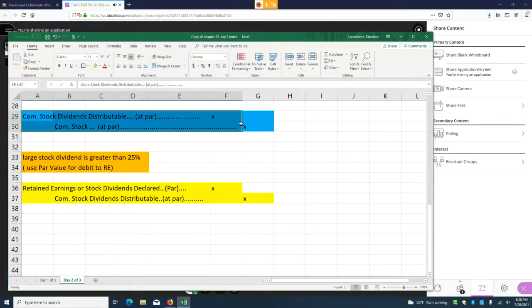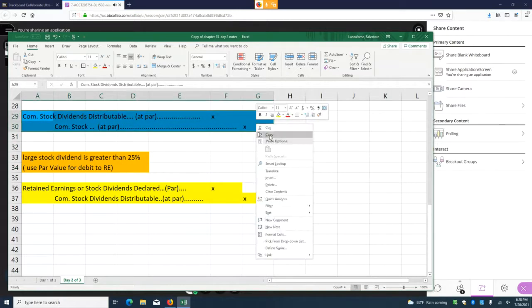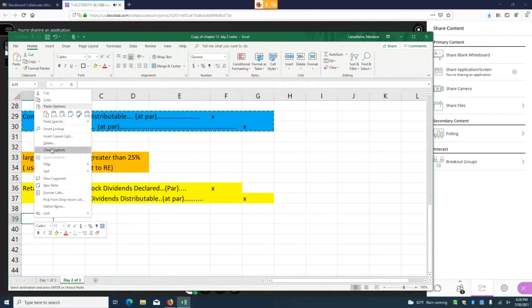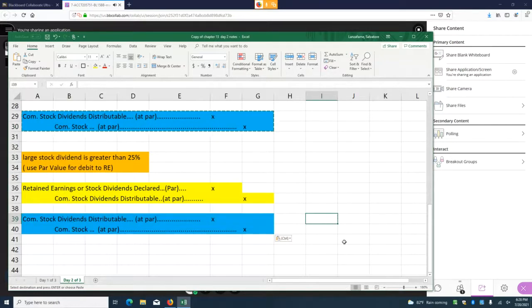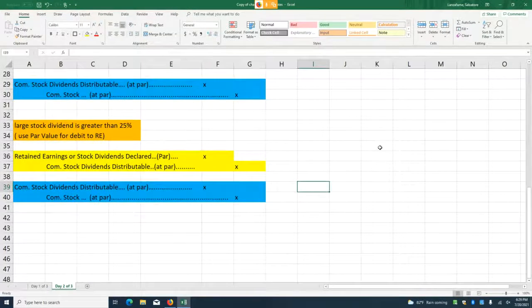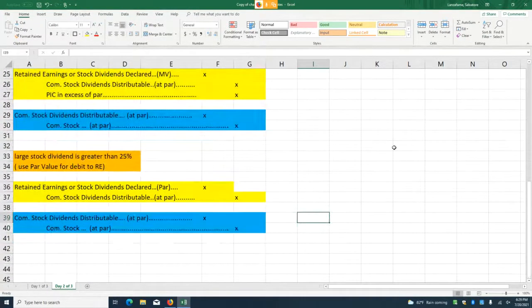And then on the date of distribution, it's going to look like the other date of distribution. Get rid of the bull and credit common stock. So these are the journal entries associated with the stock dividends.